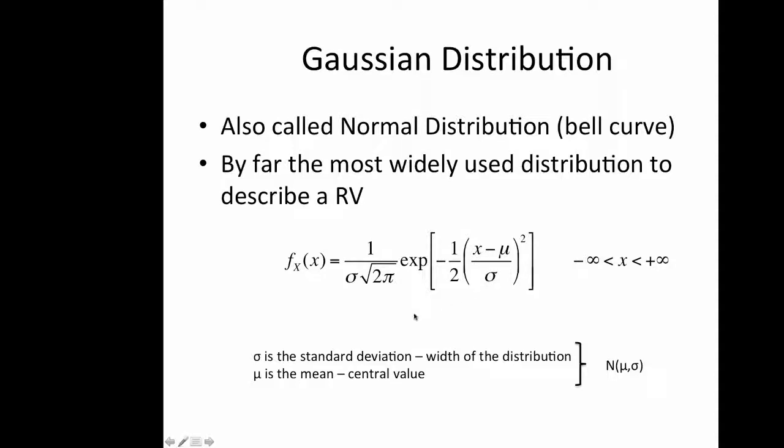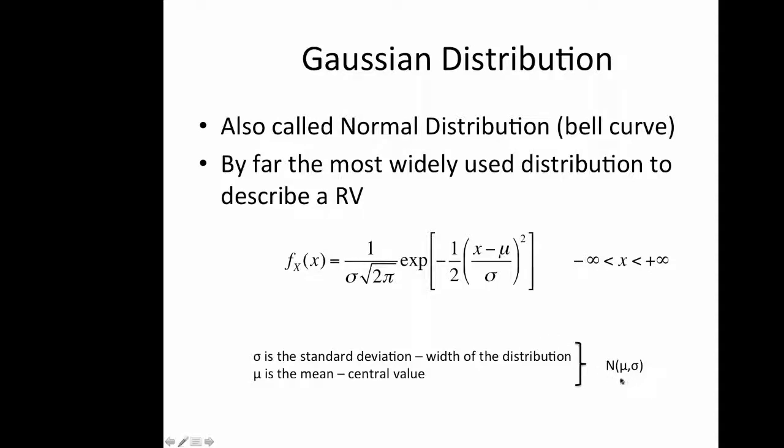Now, the standard deviation is the width of the distribution, and that's what this sigma is representing. So we're consistent with what we've talked about in previous lecture. And mu is the mean or the central value of the distribution. So the two parameters to describe this distribution are sigma and mu.